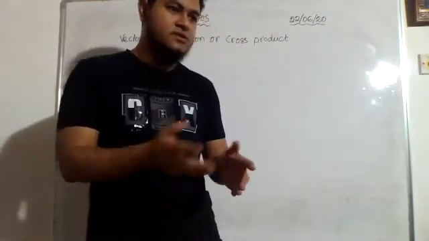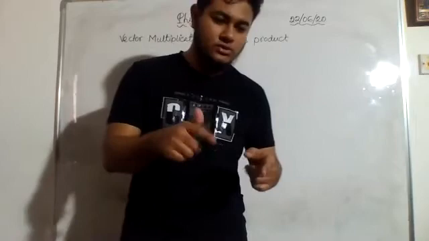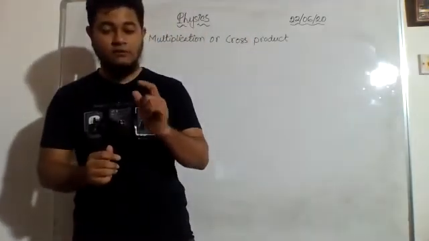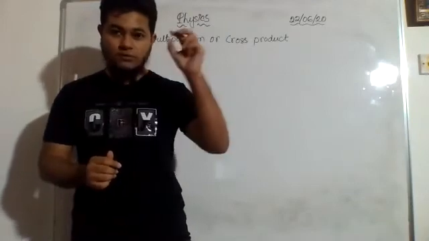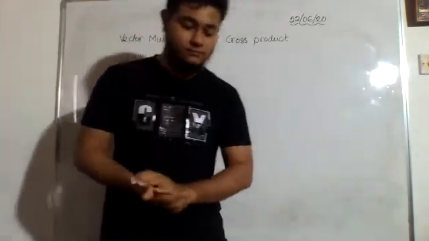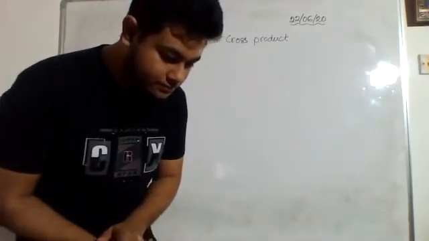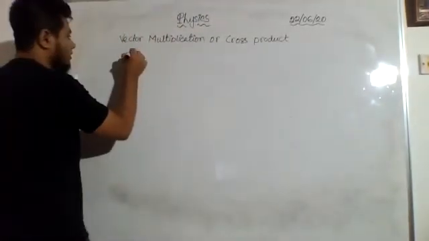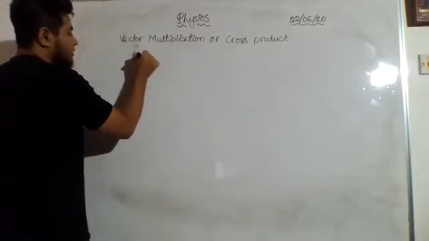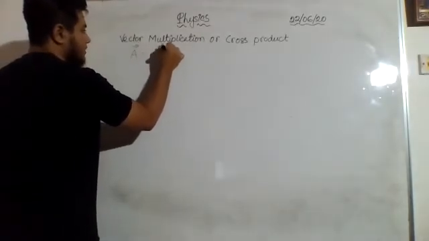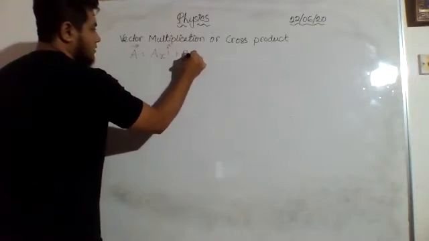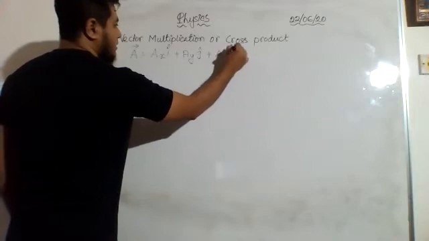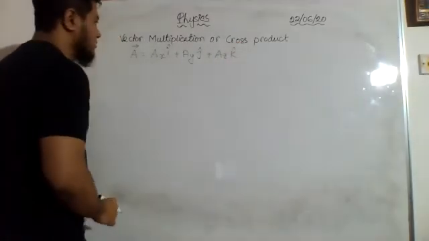Actually, previously also you knew that, because using this matrix rule only, you found out the area of a triangle if coordinates are given. So you know this already. So if A is equal to AX i plus AY j plus AZ k, these things are given.